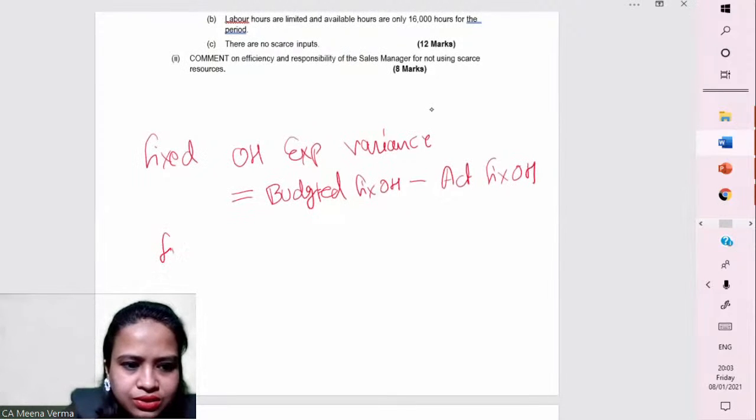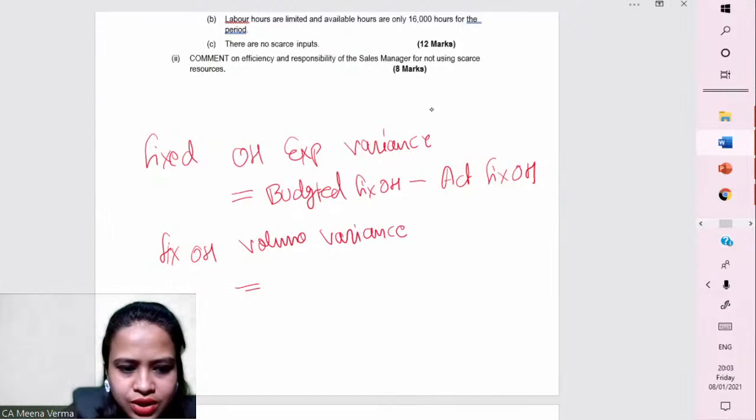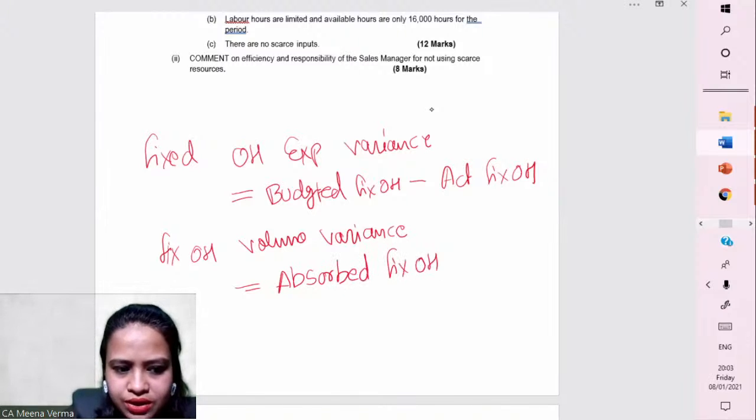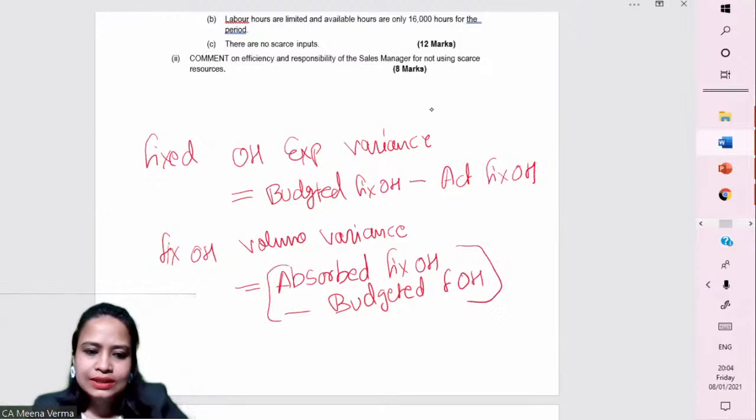And the fixed overhead volume variance, this is absorbed fixed overhead minus budgeted fixed overhead.